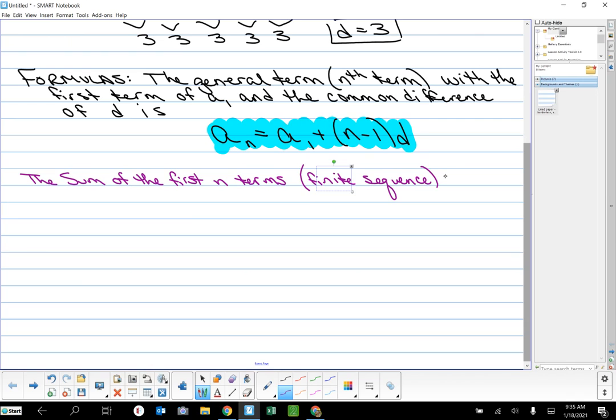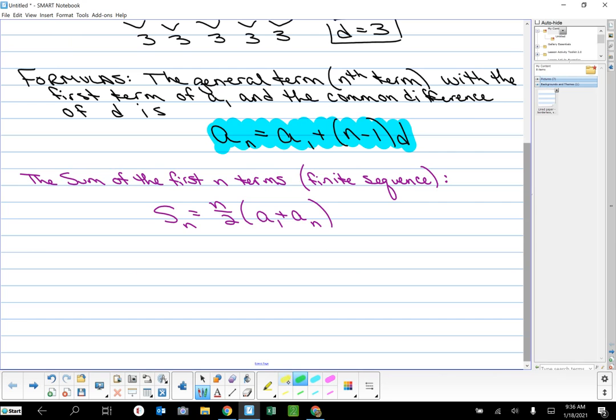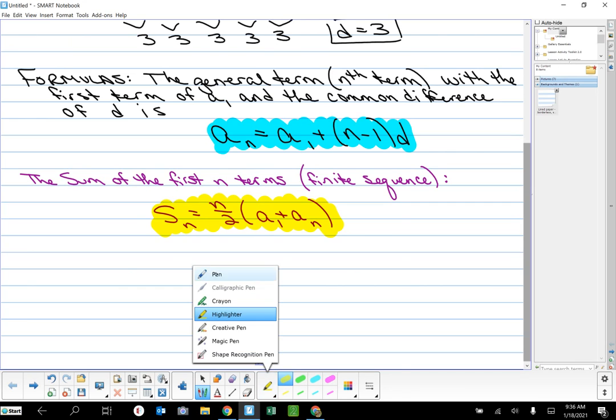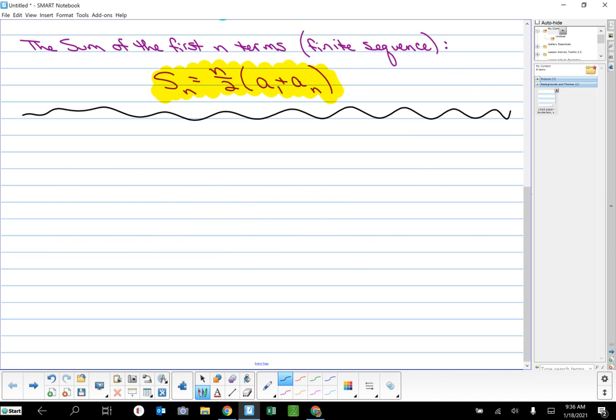The formula is S sub n, capital S, is equal to n over 2 times the quantity a sub 1 plus a sub n. So you need to know a few things in order to be able to use those formulas. Again, I would highlight. All right, and there's only those two formulas that you need to have. So now let's go on and talk about some actual examples.